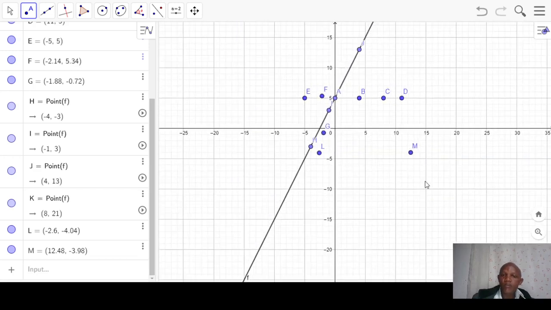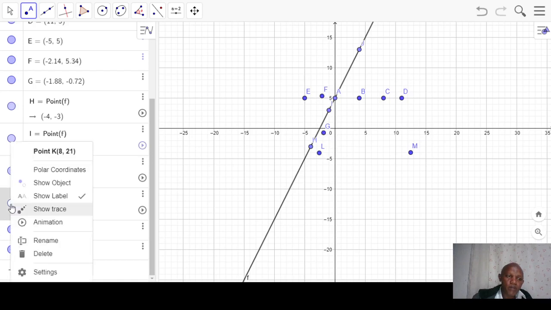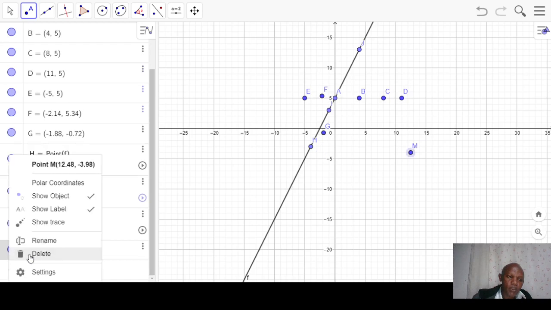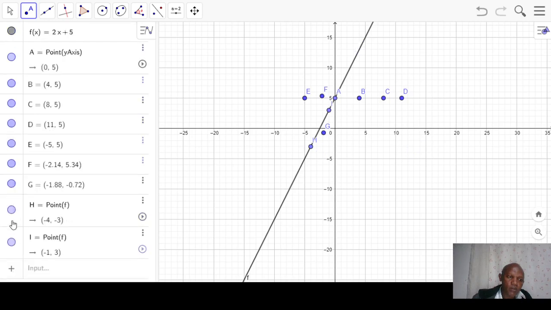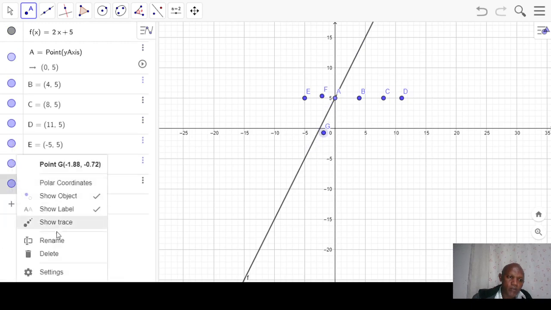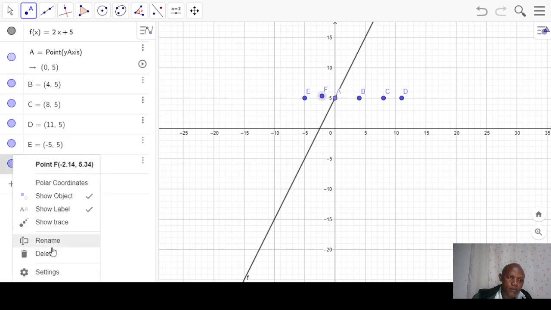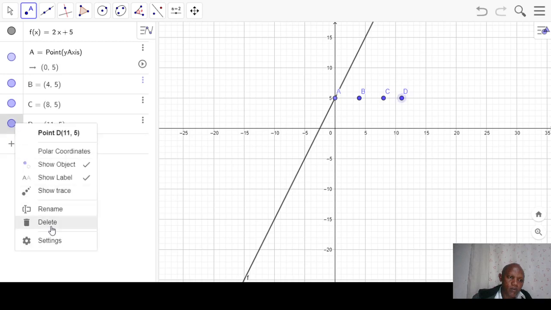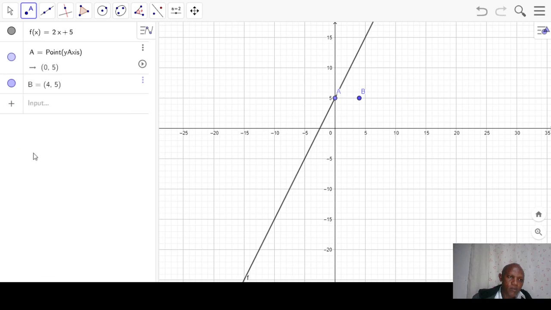Let me first delete all these values so that I have a clean graph. I think now this is a clean graph.